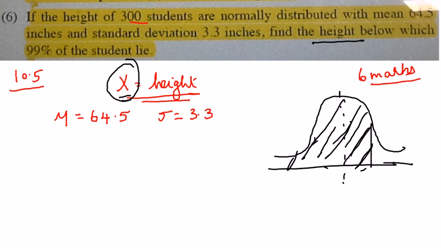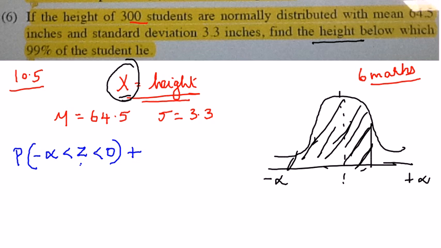It's something like this. So if I take it as minus infinity and plus infinity, I can write it as, right? Please note that I'm writing z here. This is in the z scale, right?